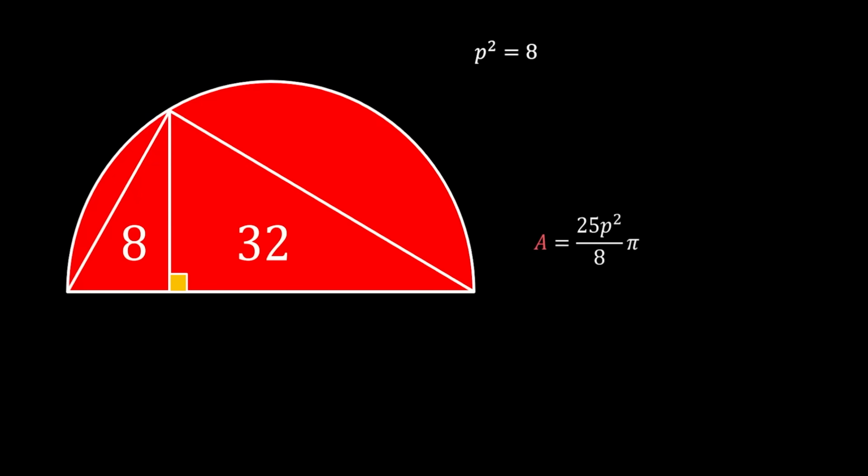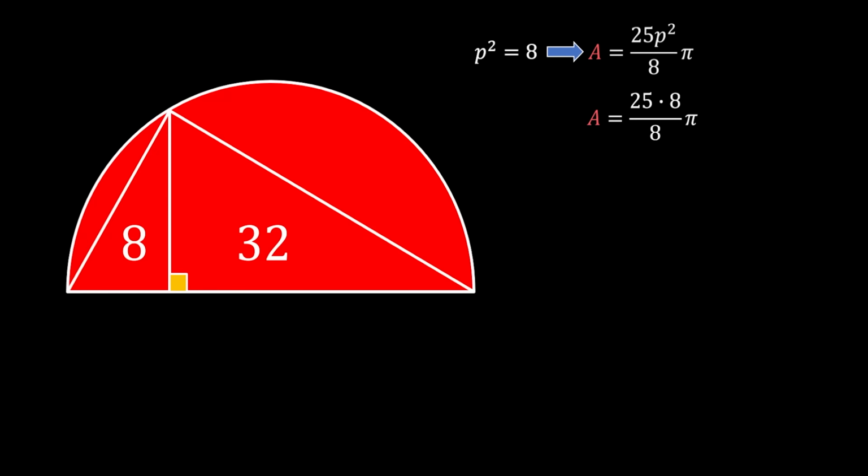But we already got the value of p squared, so we're just going to substitute it into our formula and get the following. Now we can simplify the 8, and we will finally get that the area of our red semicircle is equal to 25 pi, and this is our solution.